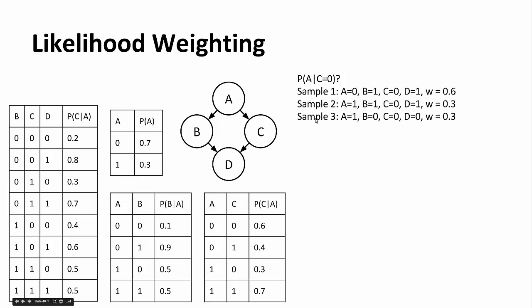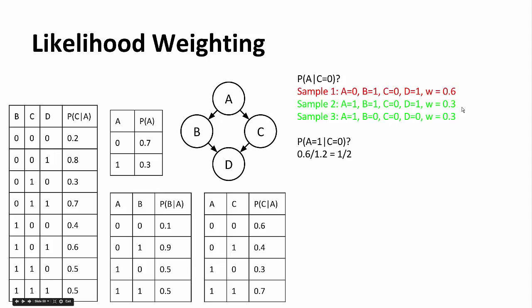So say we have samples 1, 2, and 3, and the weights are as follows: 0.6, 0.3, 0.3. Now, how do we use this to estimate the probability that we have here? So say we wanted to estimate the probability that A equals 1 given that C equals 0. We'll take the samples that are consistent with our query, so consistent with A equals 1, and we see that's sample 2 and sample 3.